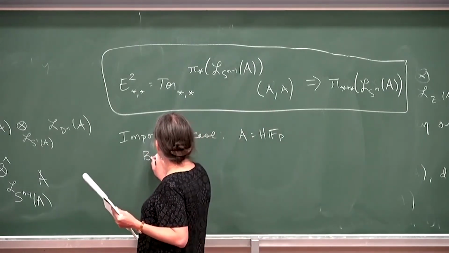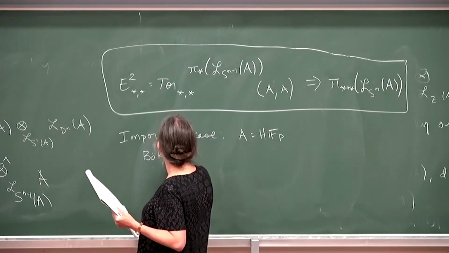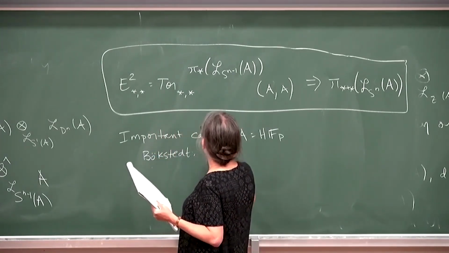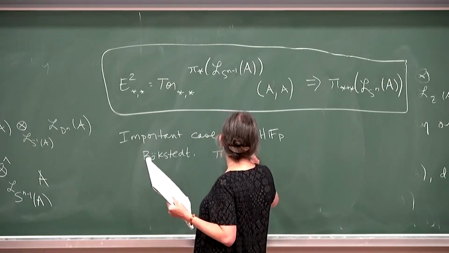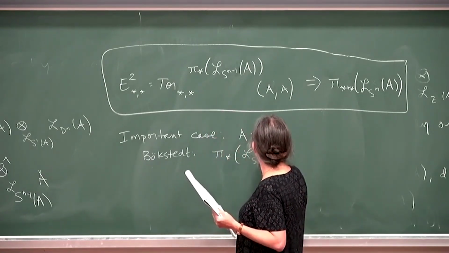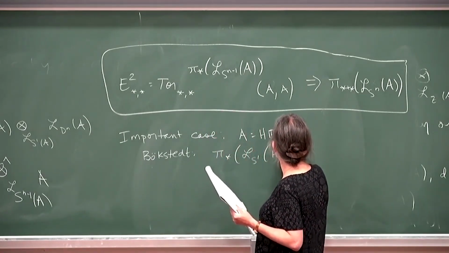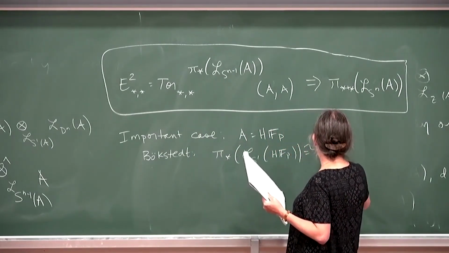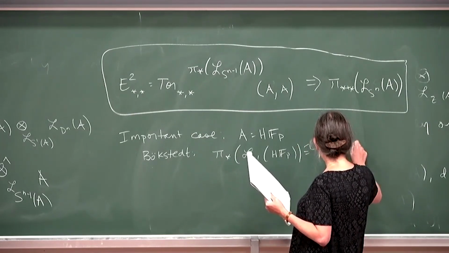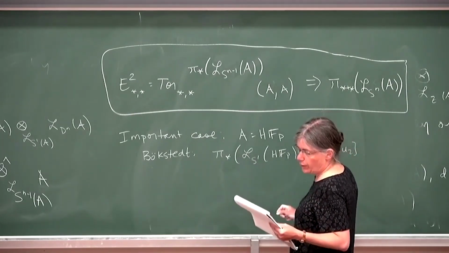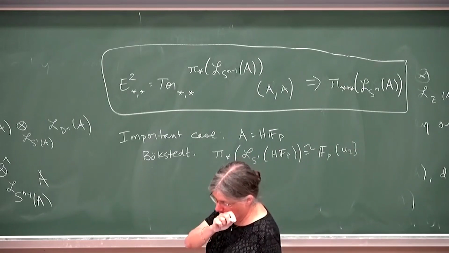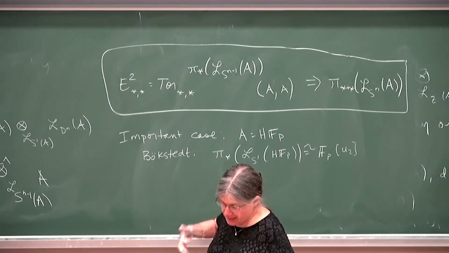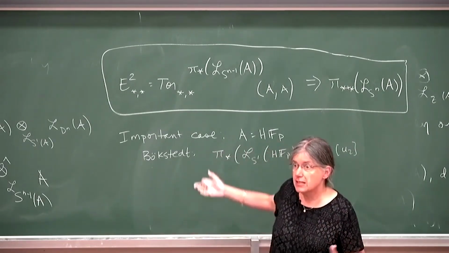And Hochschild told us that pi star of L S^1 of HF_p is isomorphic to F_p[u_2]. So we know it. And John Rognes started setting up this kind of spectral sequence.